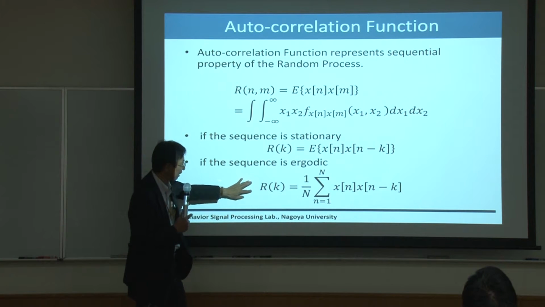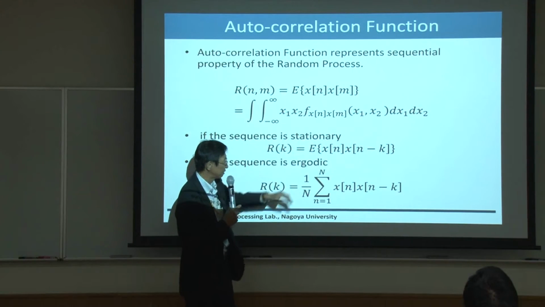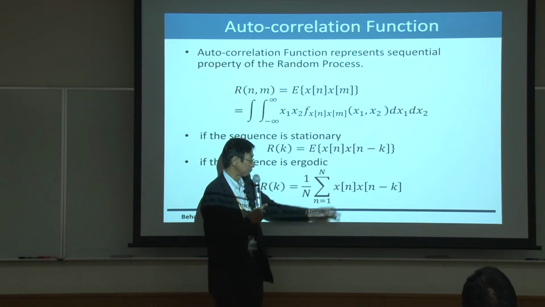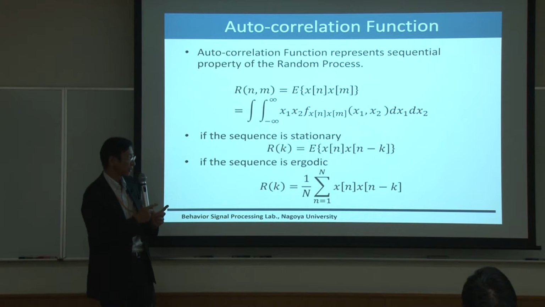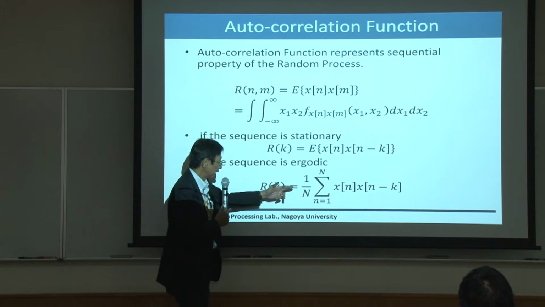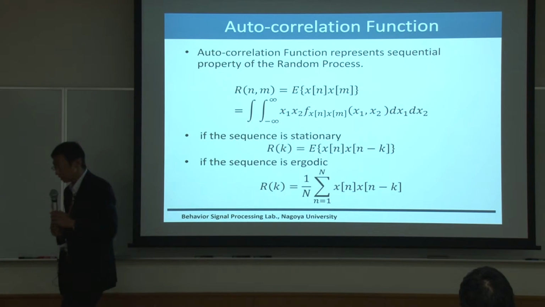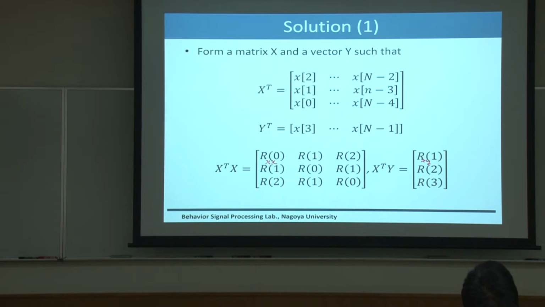From the data, you can calculate a good estimate of this statistic value by simply calculating the product of yourself and the delayed version of yourself over n samples, and then dividing by k. This is a very good estimate for the autocorrelation. And you see this here, like here or like here.